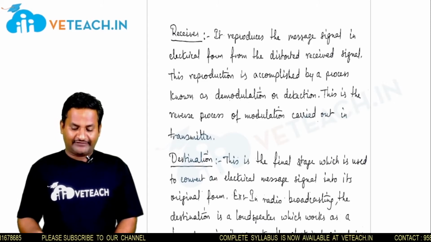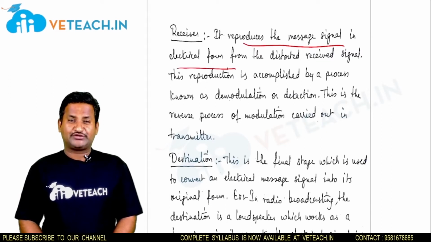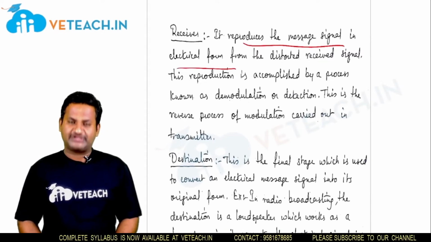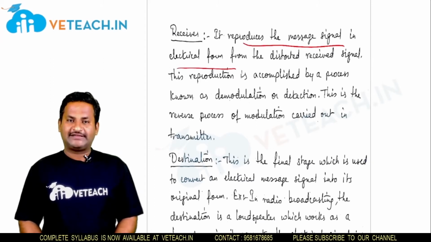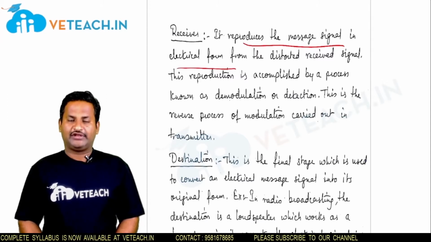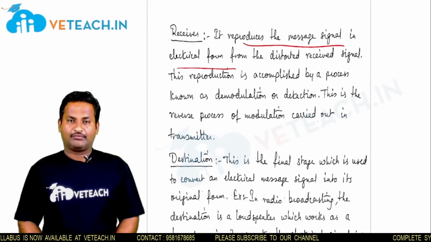The basic functionality of the receiver is to reproduce the message signal, that is, elimination of the carrier, because in the receiver section we generally want the original information. So the basic process that happens in the receiver is demodulation. Demodulation is nothing but elimination of the carrier from the modulated signal, or extraction of the message signal from the modulated signal.